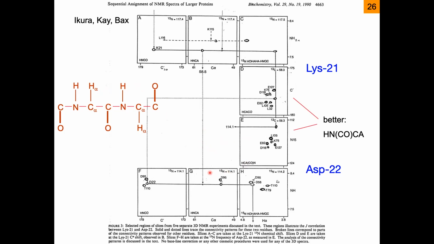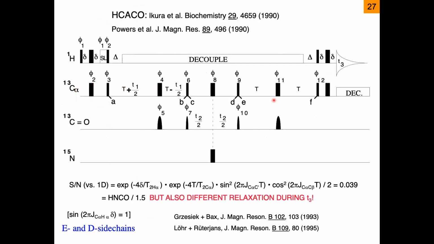And then they connected with the other experiments from the next amino acid. I thought this was really fascinating. It was in Biochemistry. They tried to publish this in Science. This was really the first time, but Science didn't take it. Biochemistry took it. And then I also joined the group later. Nowadays, you don't do this very much anymore, but I just want to show it as HCACO.